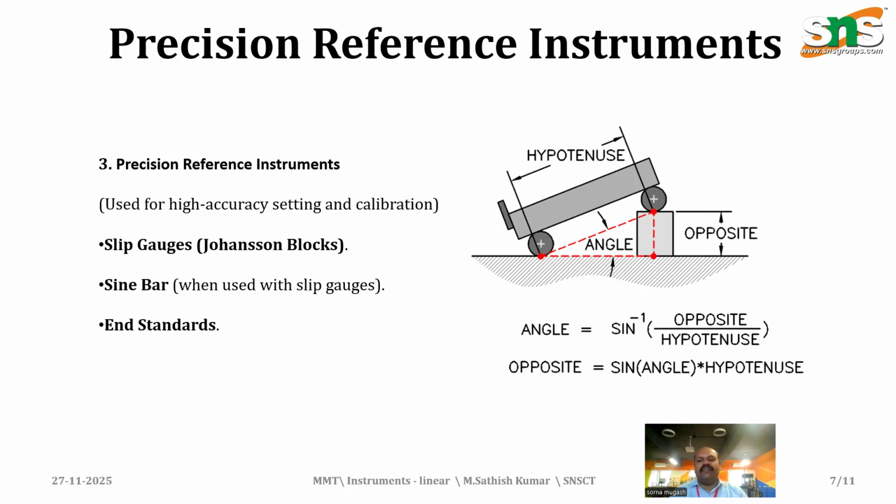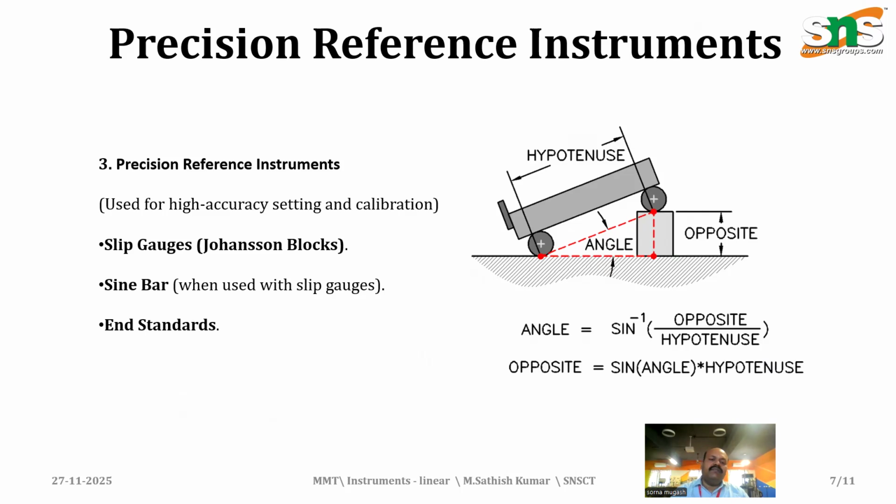Slip gauges are accurate measuring blocks, which we call master gauge blocks, also called Johnson's blocks, used for calibration purposes, and we always end up maintaining zero error.